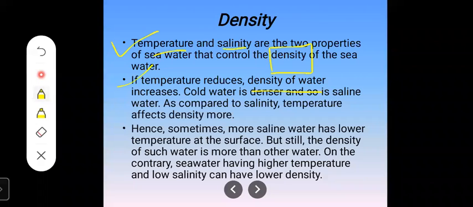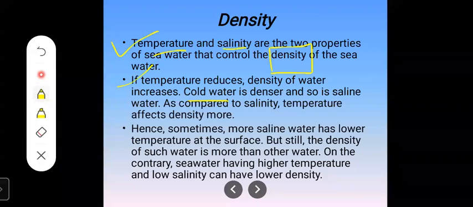So when the density of the water increases, the temperature will be reduced. Cold water is denser and so is saline water.